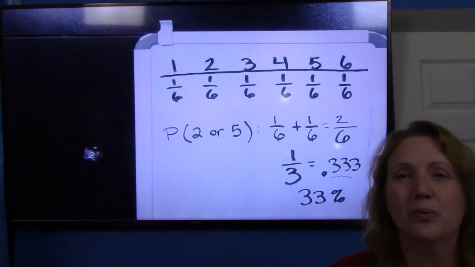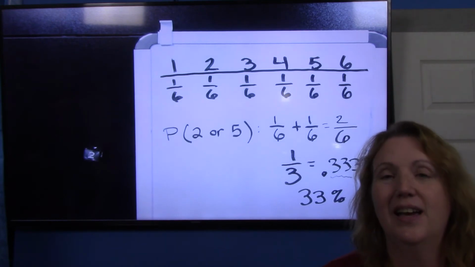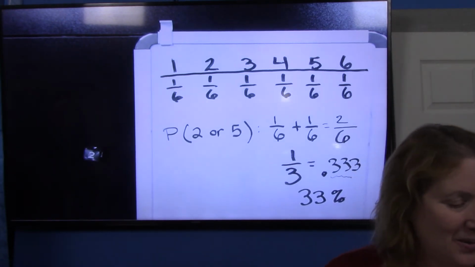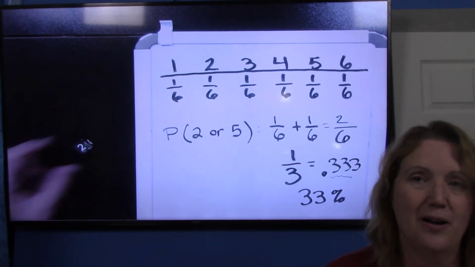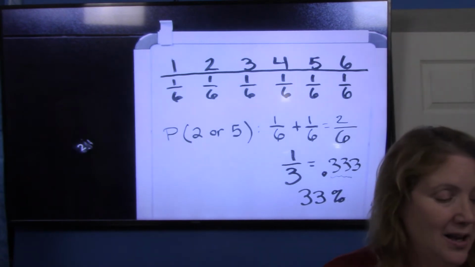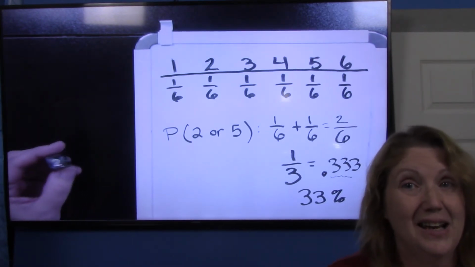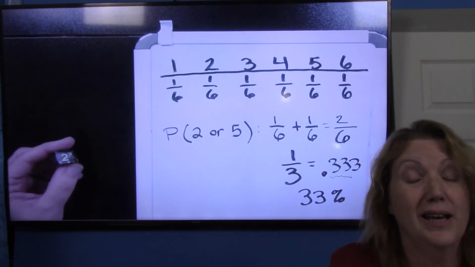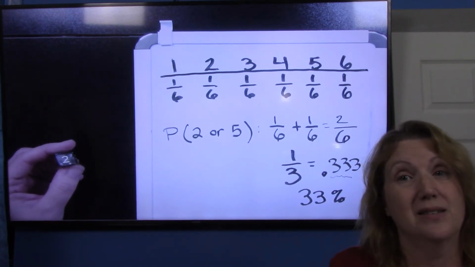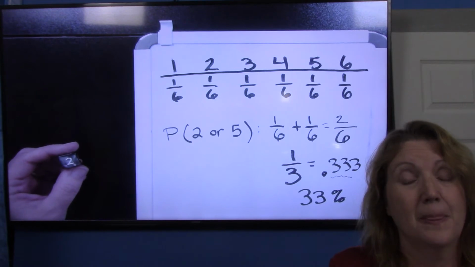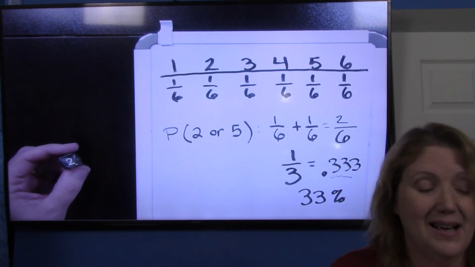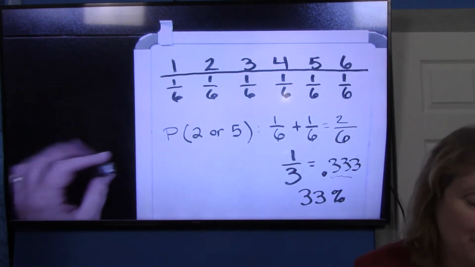I had a 33% chance of getting a 2, and I did get a 2. So there we go. So those worked out for me well. But as you can see, I wouldn't want to put a whole lot of stock on getting a 2 or a 5 because I only have a 33% chance of getting it right. My chances are even less if I just look at what's the probability.